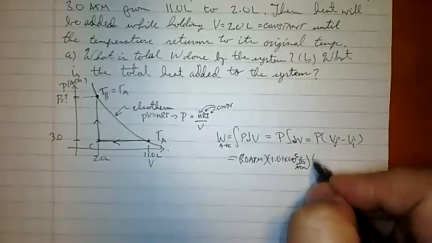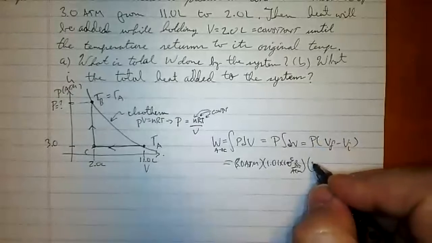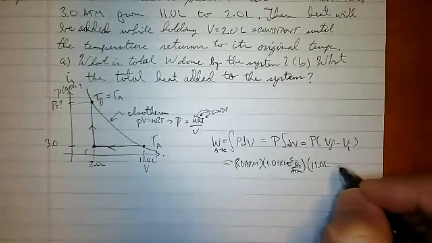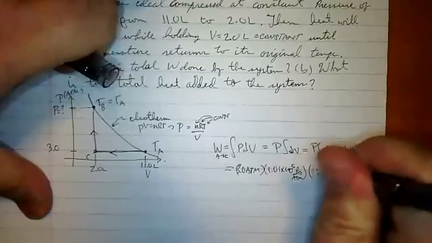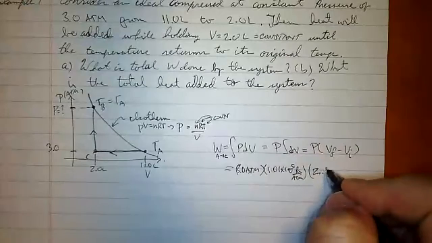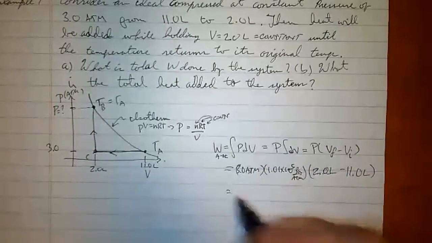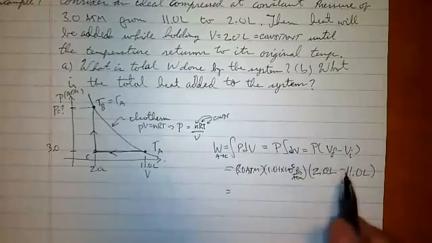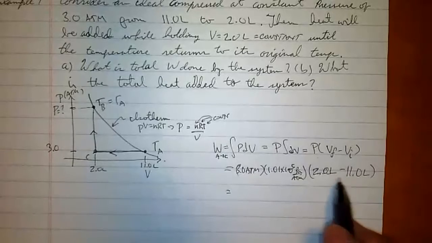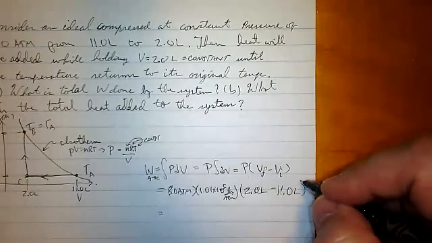Then the change in volume is 2.0 liters minus 11.0 liters, since 11.0 is the initial. That's clearly going to give you a negative. Not only that, the Pascal is a Newton per square meter, so this has to come out as a Newton meter. So the volume needs to be in meters cubed. We know 1,000 liters is 1 cubic meter, so I have to multiply it by 1,000.